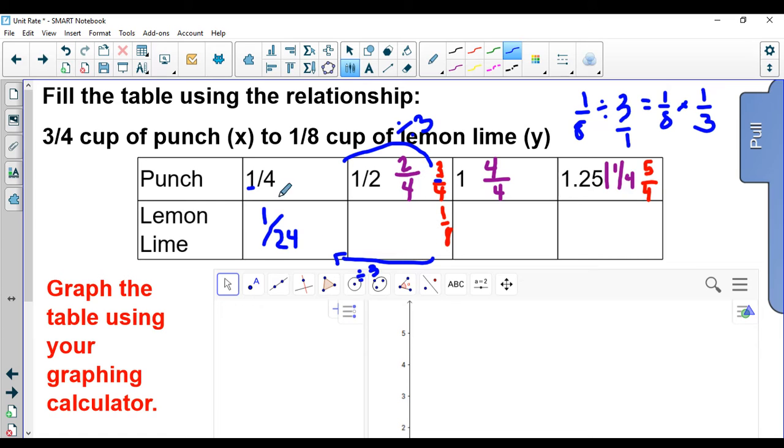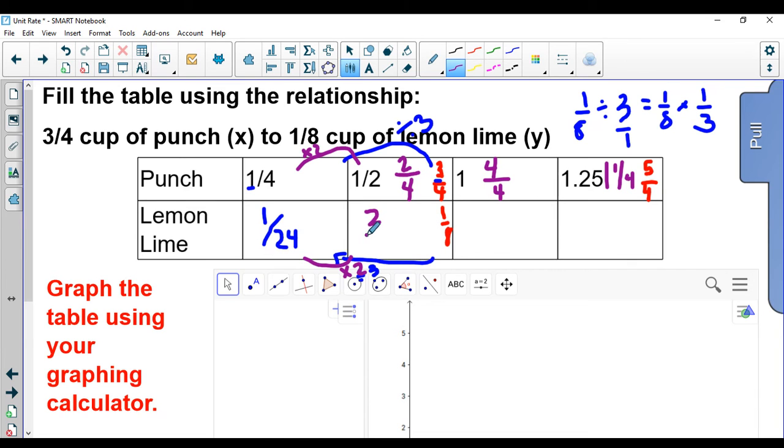So 1/4 to 1/24. Now I'm going to move from 1/4 to 1/2, because I know 1/4 is half of 1/2. So to get here, I'm going to multiply by 2. Now I'm going to do the same thing here, multiply by 2. And 1/4 times 2, so times 2/1, 1 times 2 is 2.